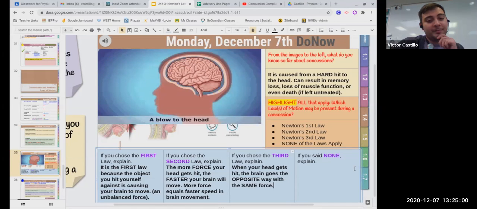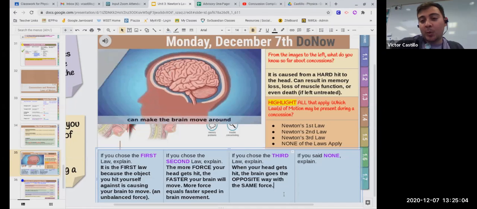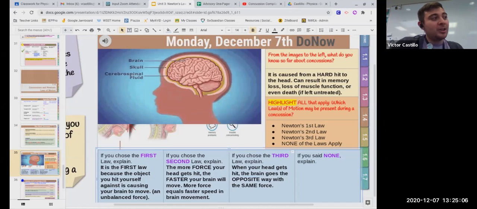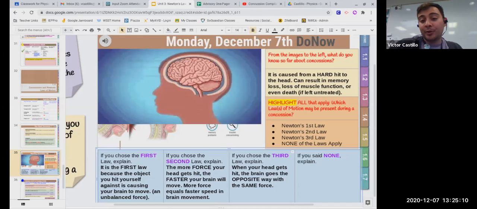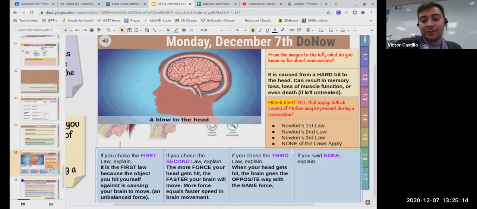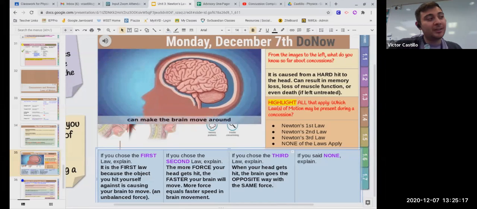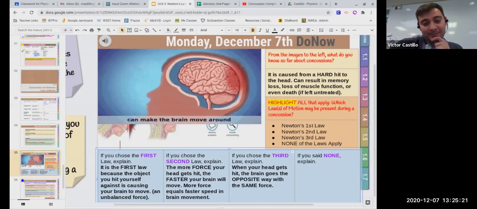There you go. So Newton's third law of motion: every action has an equal and opposite reaction. Your head gets hit, the brain goes the opposite way with the same amount of force. Remember, force is kind of like energy, it can be transferred. So you're transferring all that energy from the head to your brain. So the case you make is that all three laws of motion are present during a concussion.